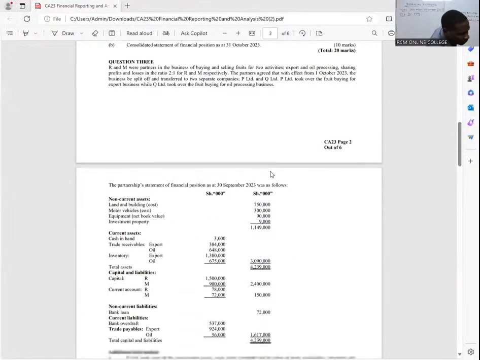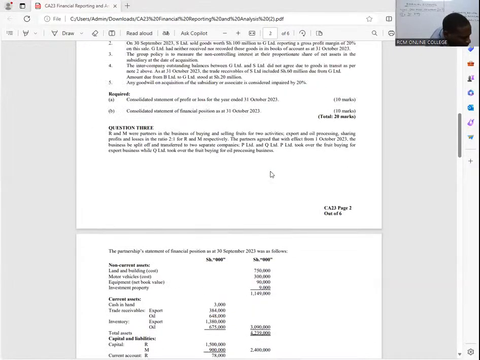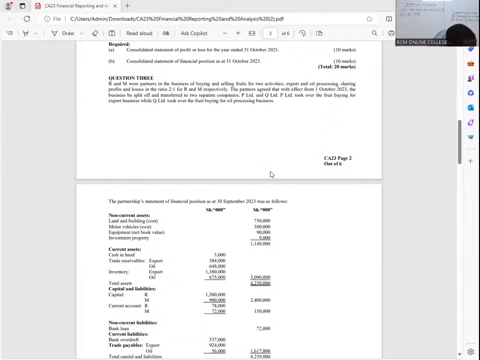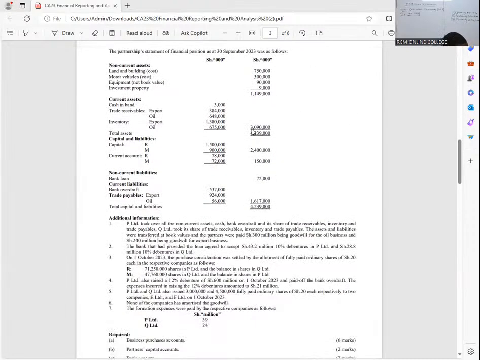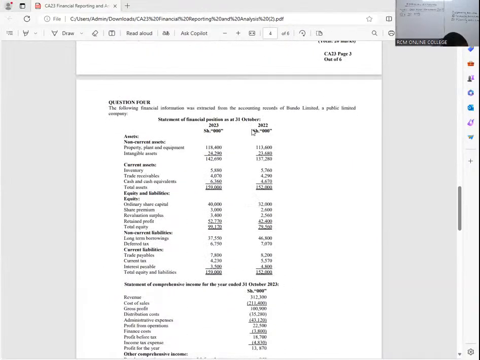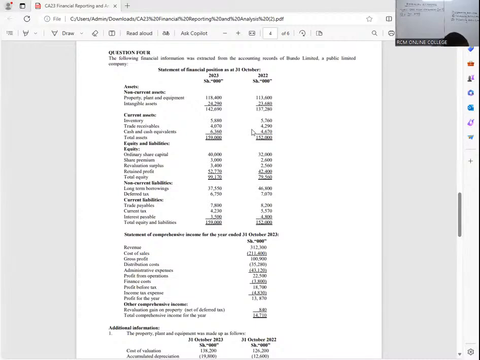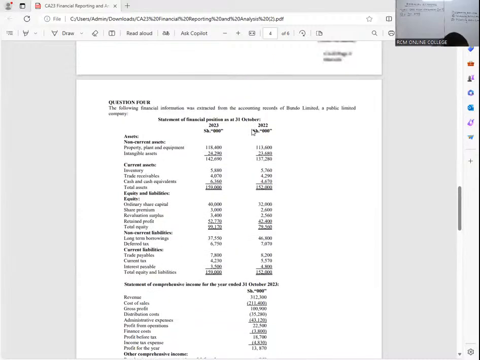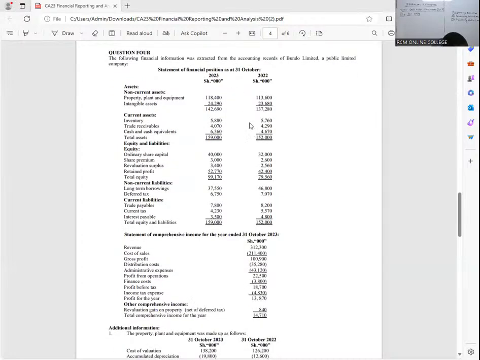Leave that one. Question number 3. I think this was a branch. Partnership. Okay, that's partnership. All right. Now here we are. This is the lion, the elephant in the house.